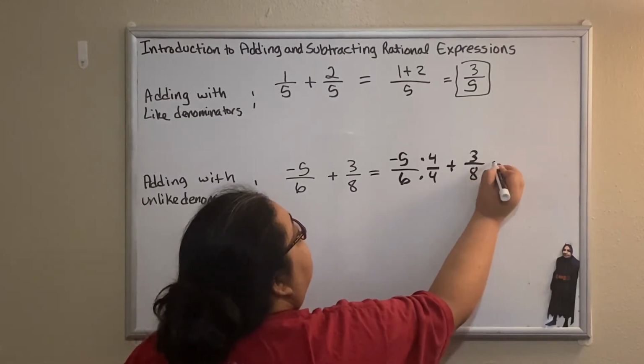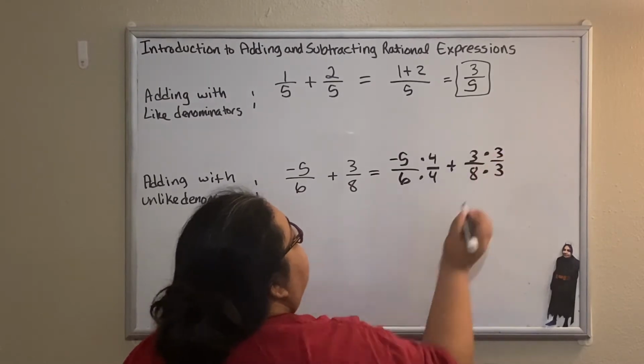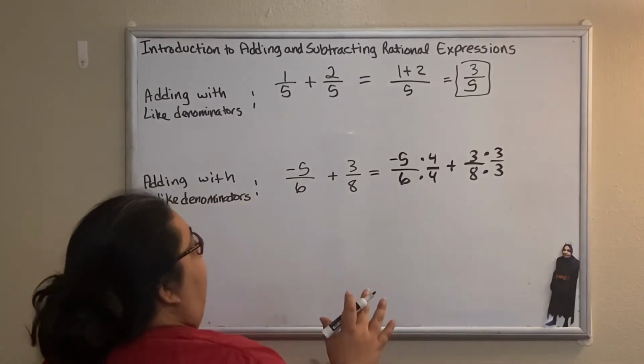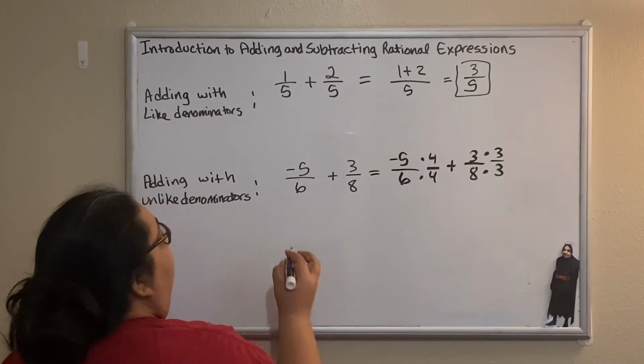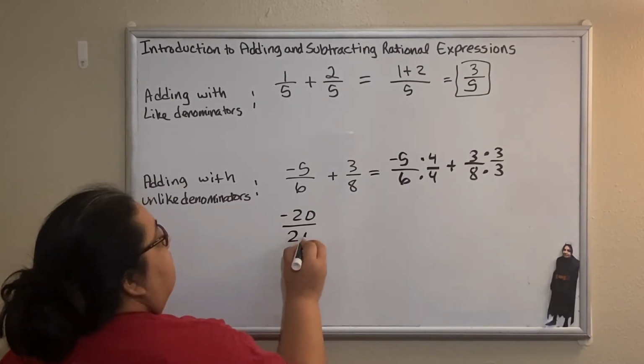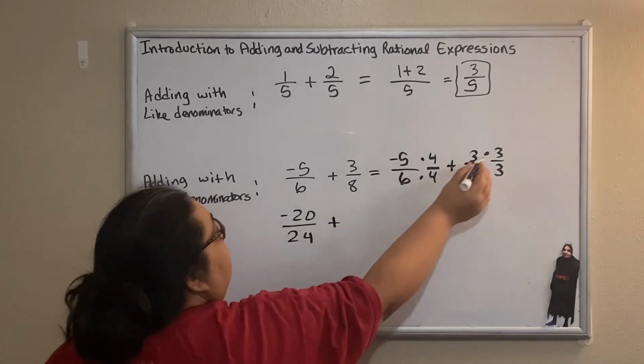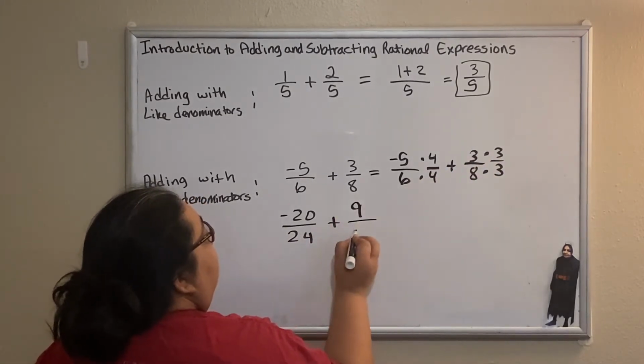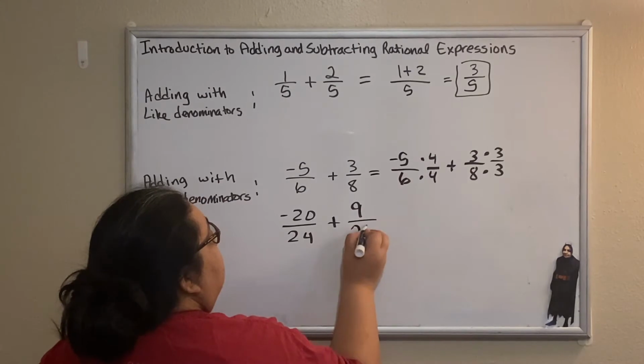So I need to multiply by 3 over 3 right here. And then I simplify. Negative 5 times 4 is going to be negative 20 over 6 times 4 is 24. Plus 3 times 3 is 9 over 8 times 3 is 24.